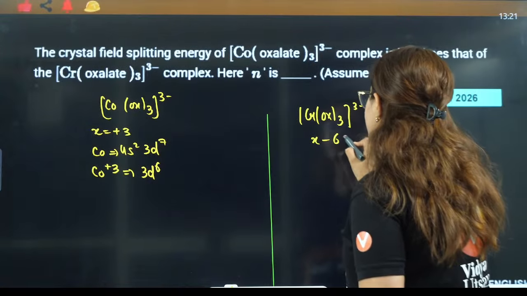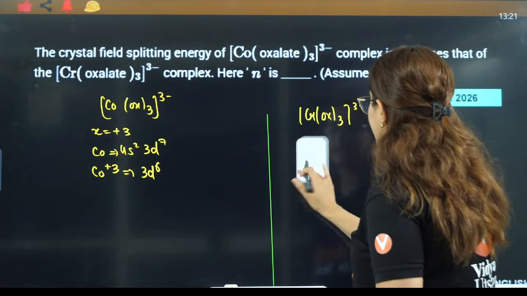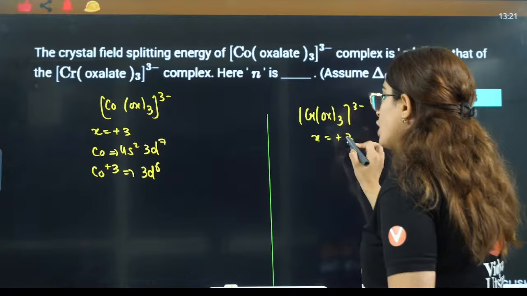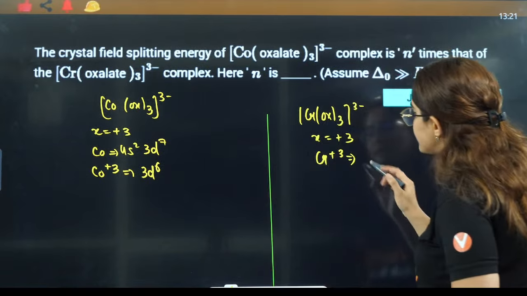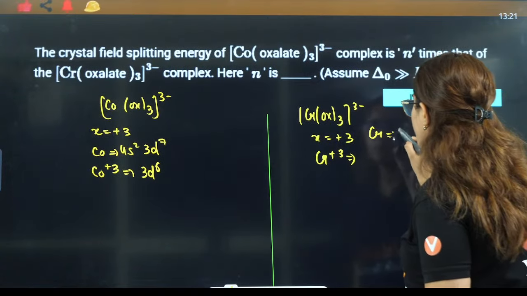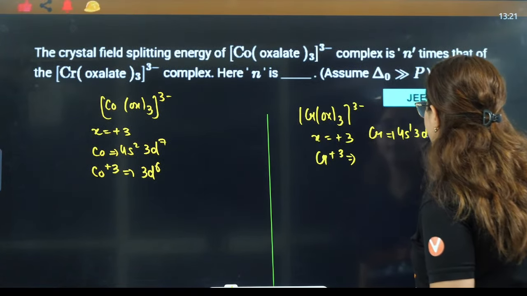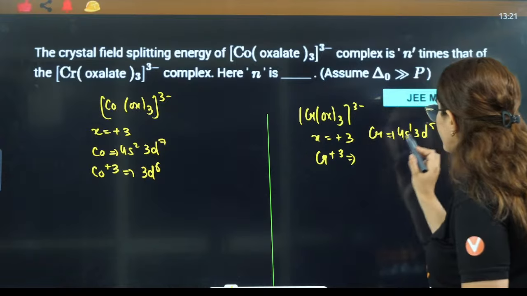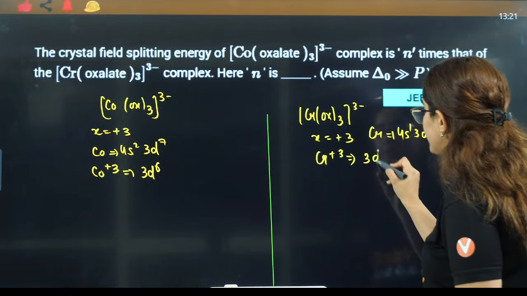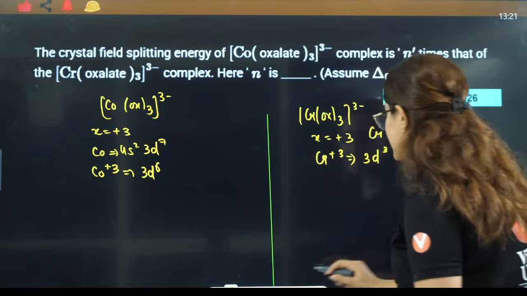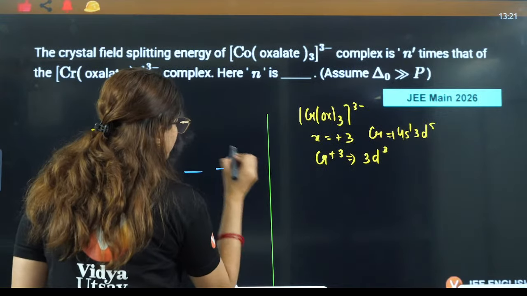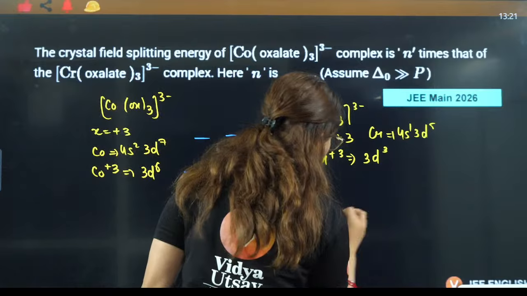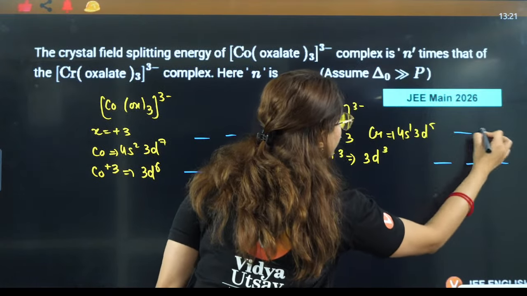So X minus 6 is equal to minus 3, again X is plus 3. So chromium is in plus 3 oxidation state. Chromium is 4s1 3d5; in plus 3 oxidation state this will be 3d3.